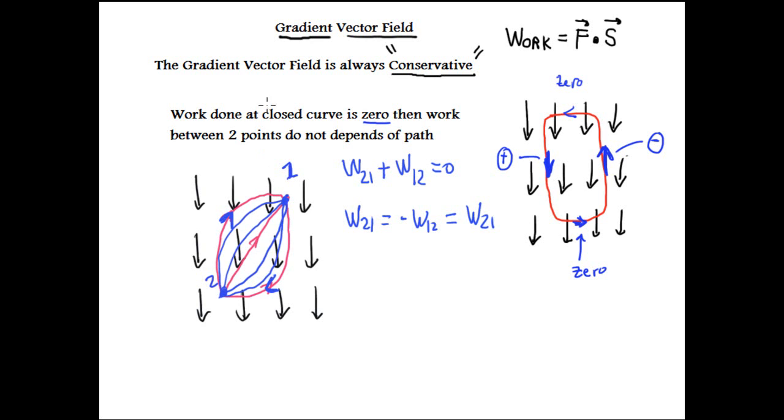In another vector field that is not conservative, of course, this situation doesn't happen. But in a conservative one, yes. Therefore, we can define a potential function. What is the potential function?